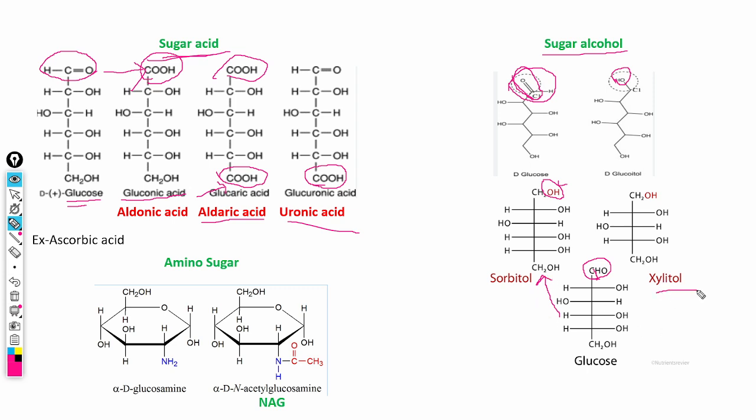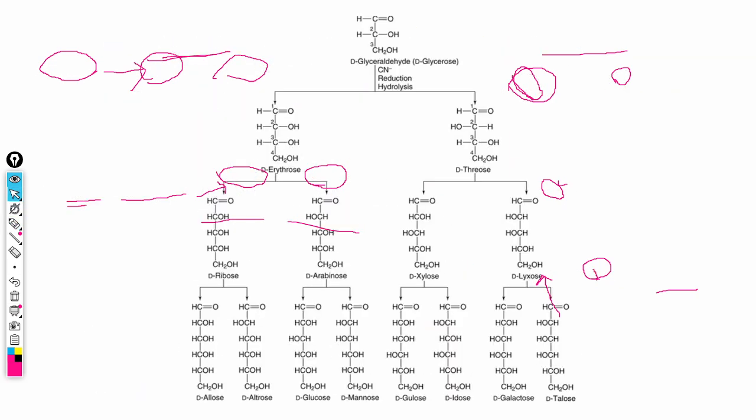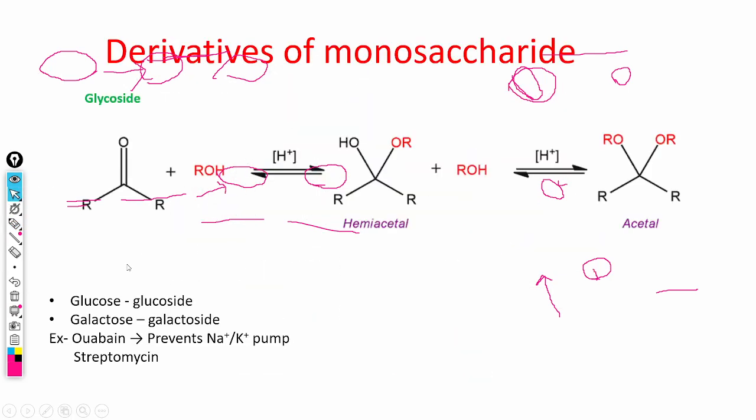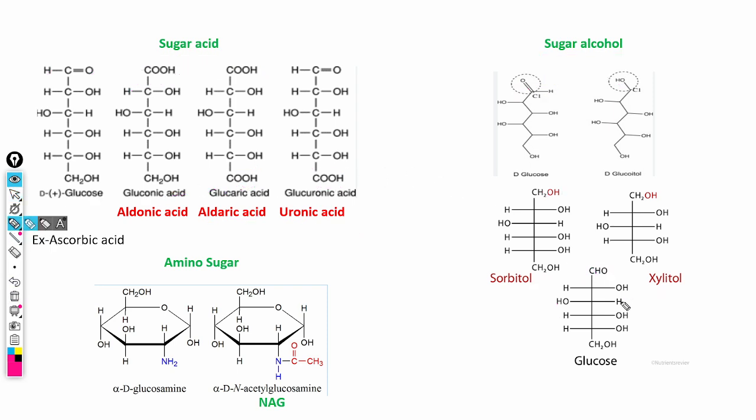For example, from glucose it is sorbitol. Another is xylitol. Remember one structure. This is called xylose, which is C5. Now this is the xylitol, it comes from the xylose, and here the suffix is -itol.